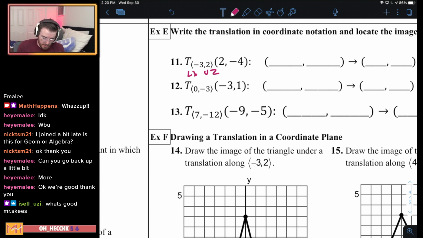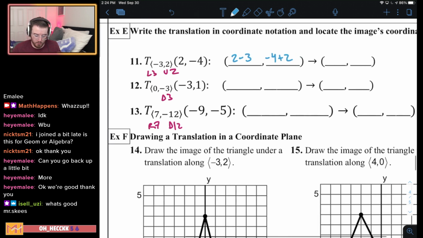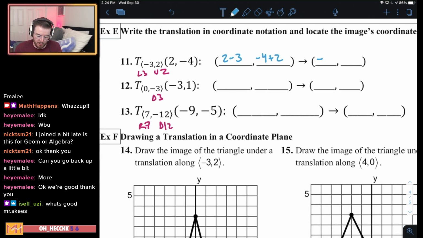So this is simply down 3, and this is right 7, down 12. So let's do the math on that. If I'm moving left 3, that means I'm subtracting 3. And if I'm moving up 2, that means I'm adding 2 to the y value. So 2 minus 3 is negative 1, and negative 4 plus 2 is negative 2.